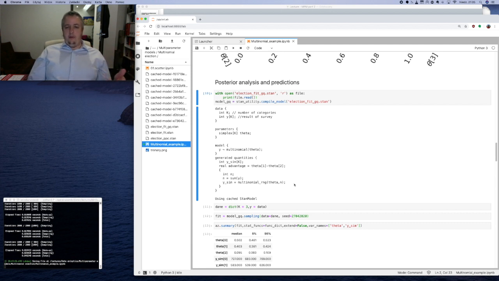We supplement it with the generated quantities block. First of all, we will sample the results of the survey. We will sample the same number of votes and see how they are distributed corresponding to our data. Why are we doing it? We are doing it in order to get what can be called a retrodictive check.